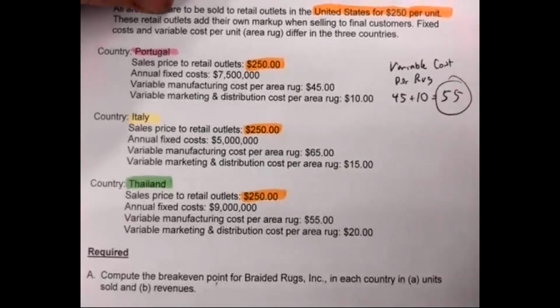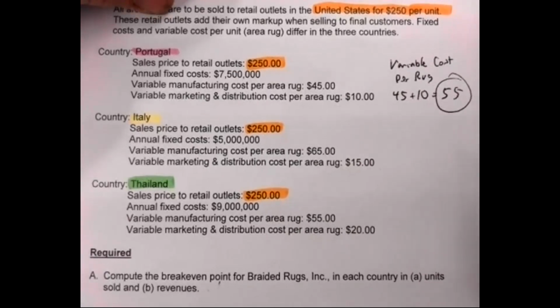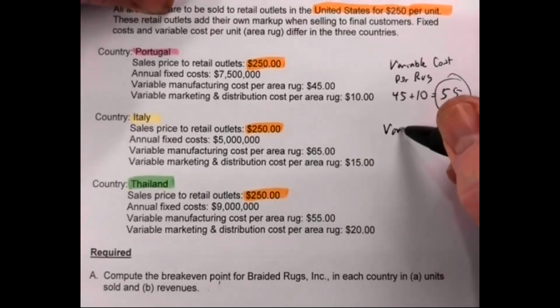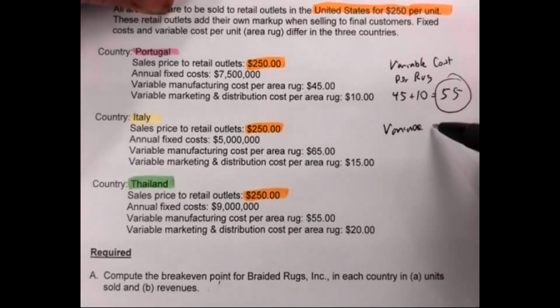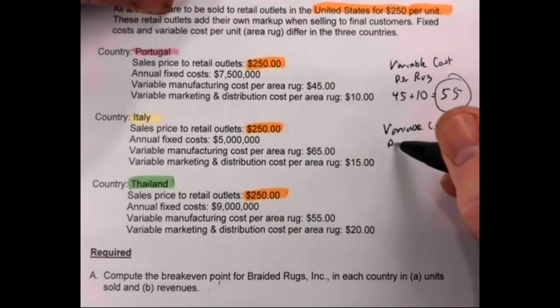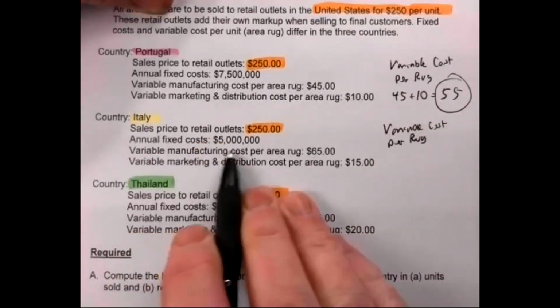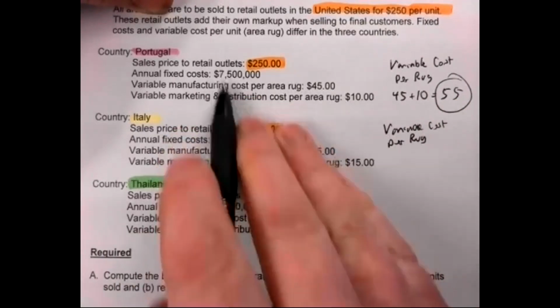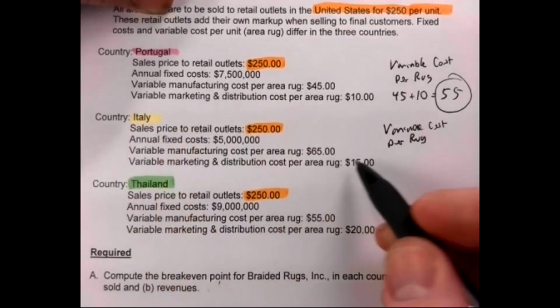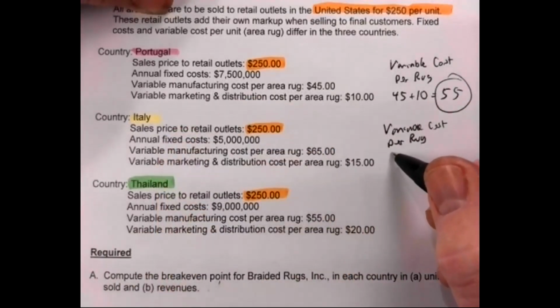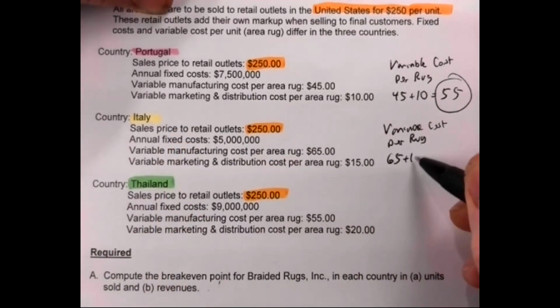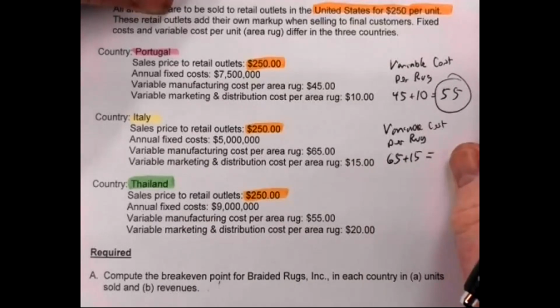Oops, you guys can't see that. I'm going to do the same thing for these other countries too. So Italy, they have fixed costs of 5 million. Notice that the fixed costs are different between the countries. $65 plus 15, 80.